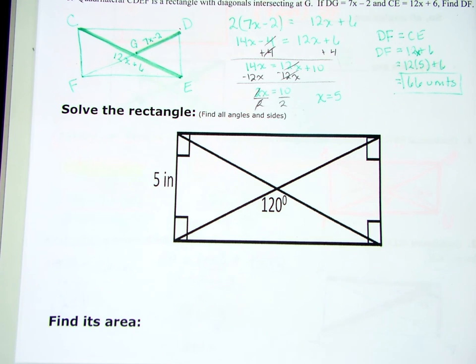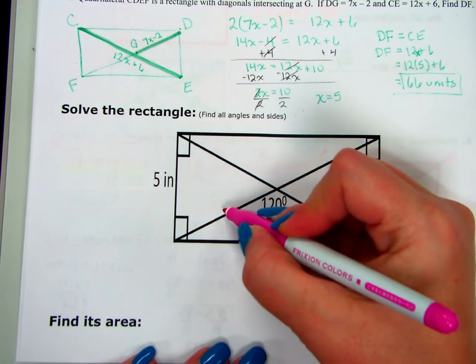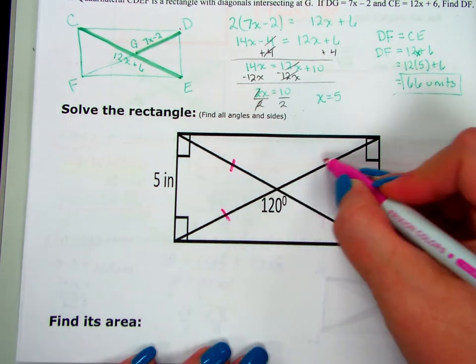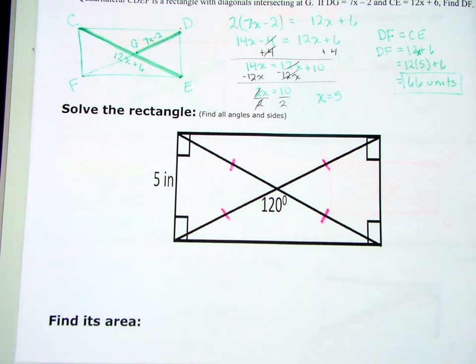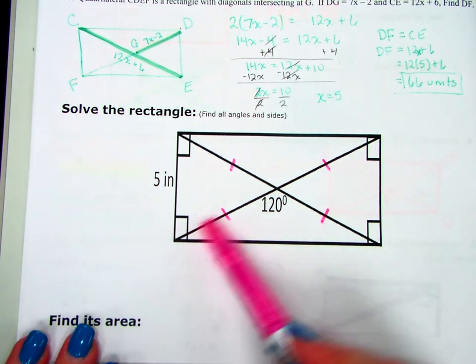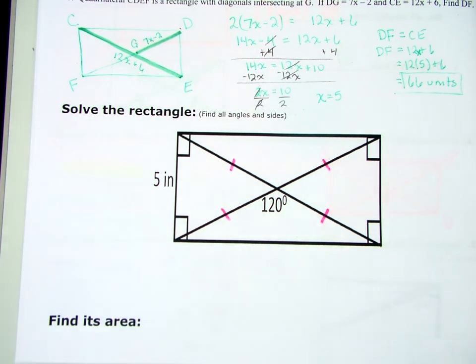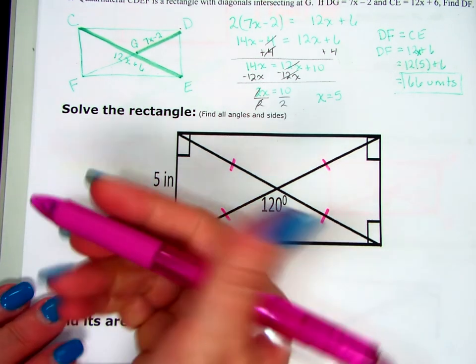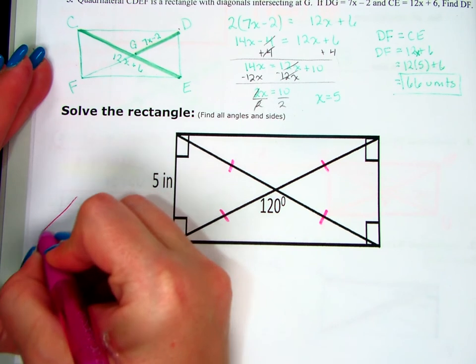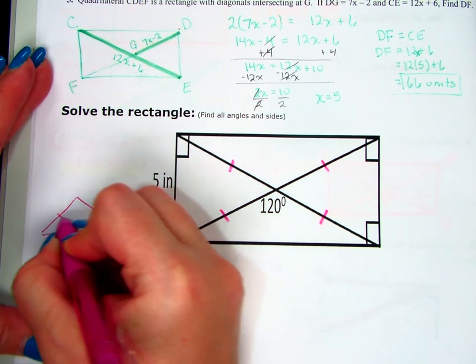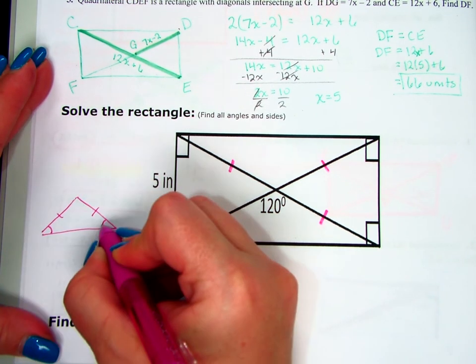Let's tackle the angles first, because I see one angle there that's 120. That gives me a lot of information. Since I know my diagonals are all congruent, we really make 4 little isosceles triangles. Would you agree that this triangle right here is really an isosceles triangle, which means I have congruent base angles.